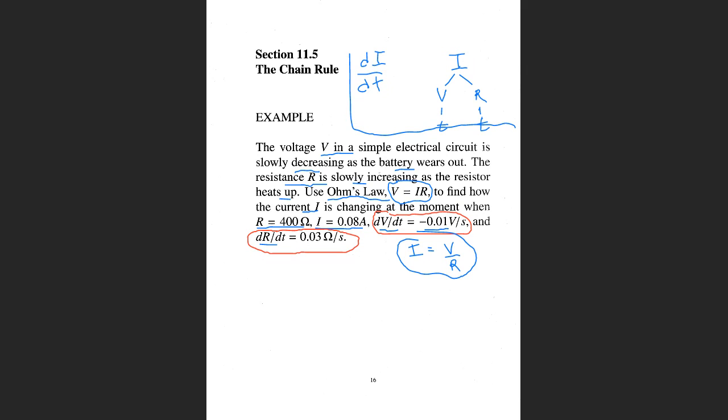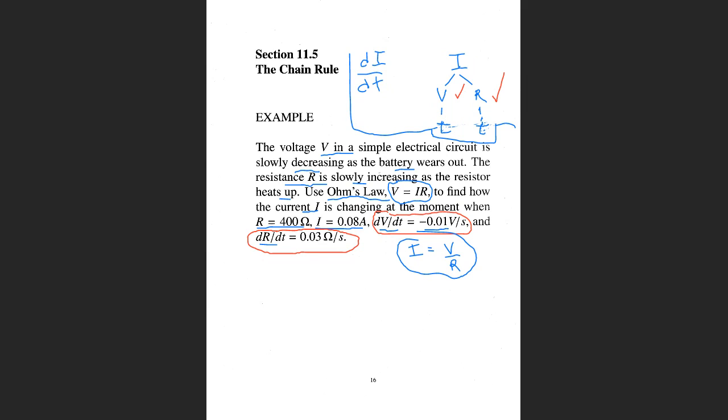Okay, so our little chart here, let me clean this up a little bit. One moment. Hold on, everybody. The current is a function of two variables, voltage and resistance.